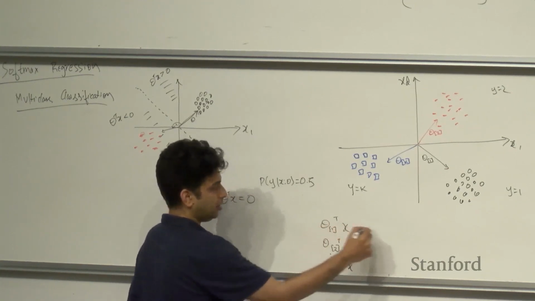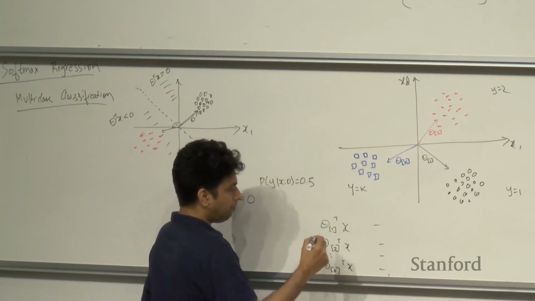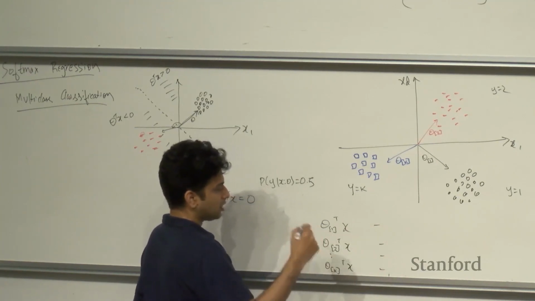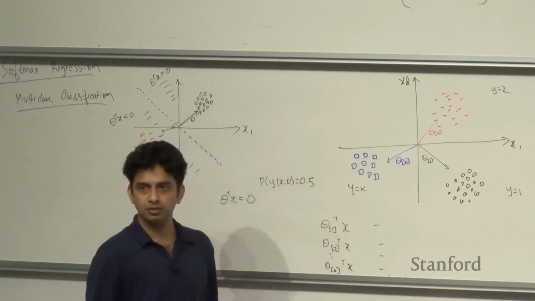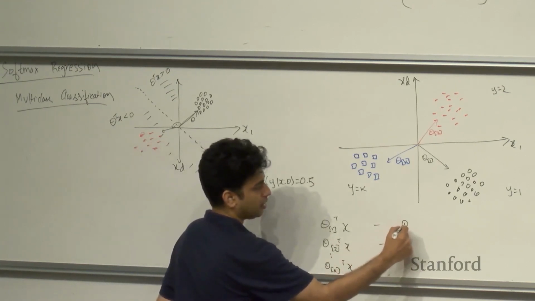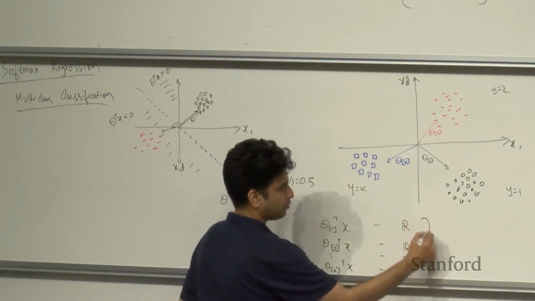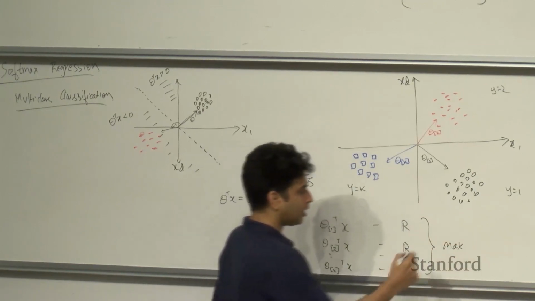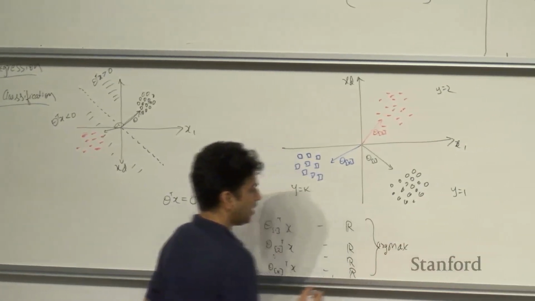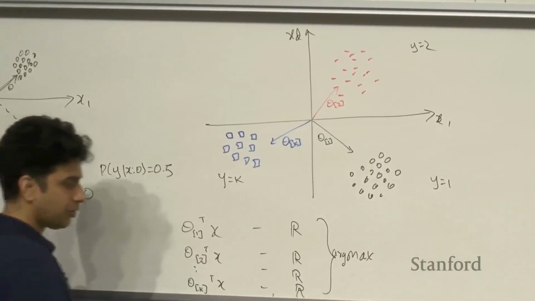Each is a scalar, in R. From this we pick the corresponding k for which theta k transpose x is the largest. We take the max, or rather the argmax, as the predicted class.